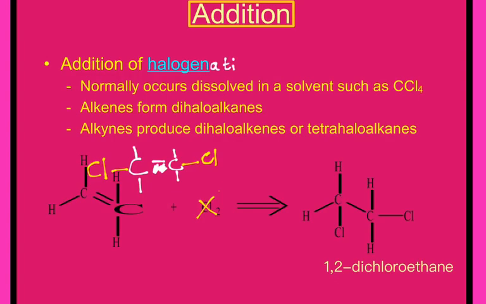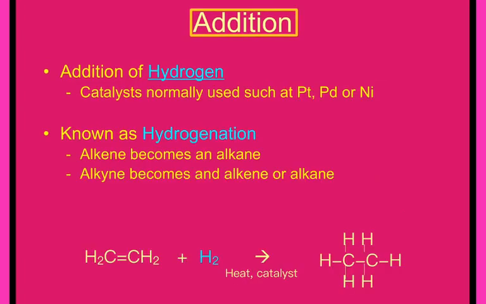Here they didn't add it to the notes because we are adding halogens. Next one, they say addition of what? Hydrogen. So it should be called what? Hydrogenation. There we go.